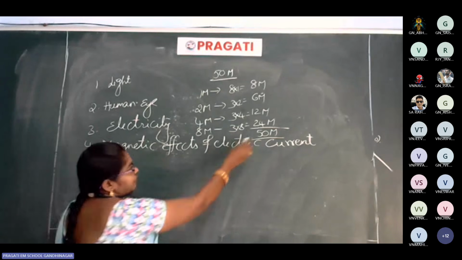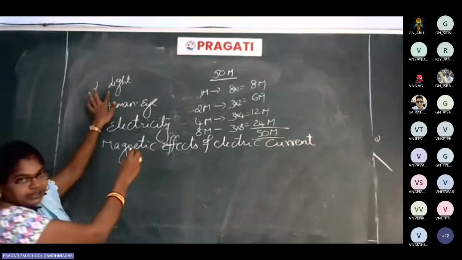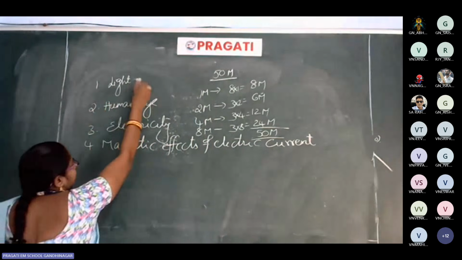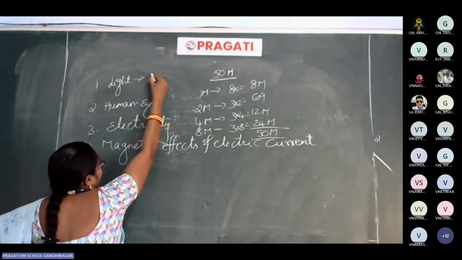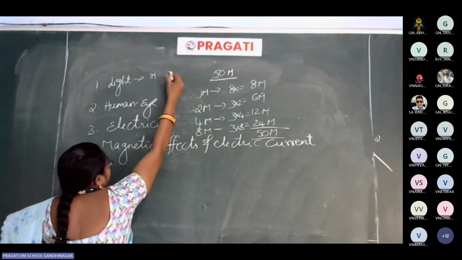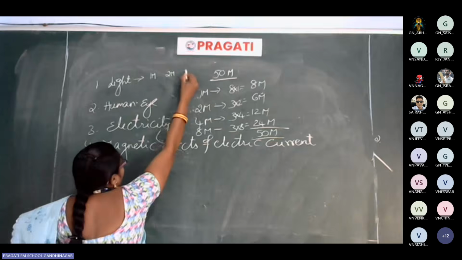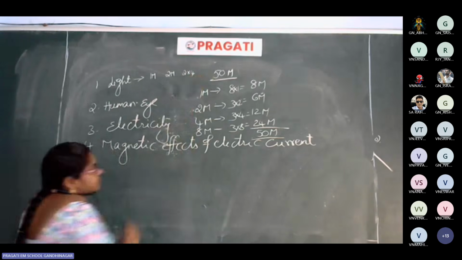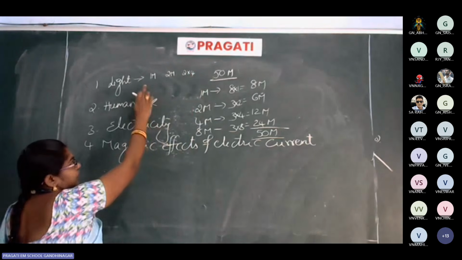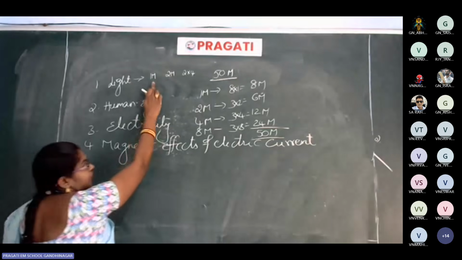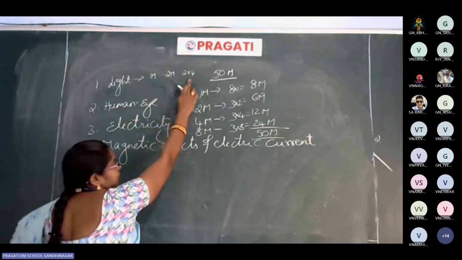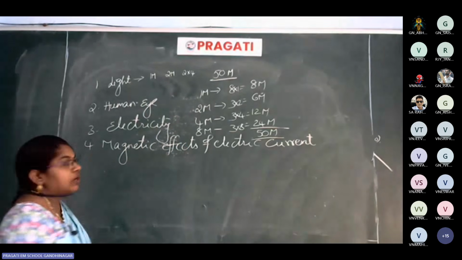In this 50 marks, from the light lesson, you will get one 1 mark question, one 2 mark question, and two 4 mark questions.